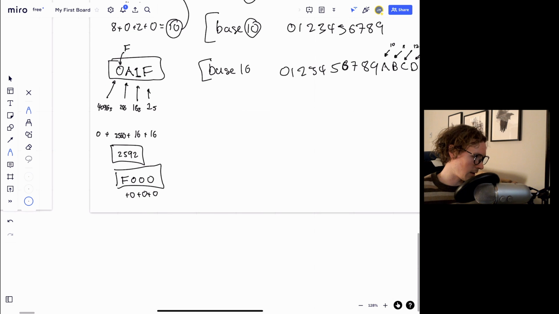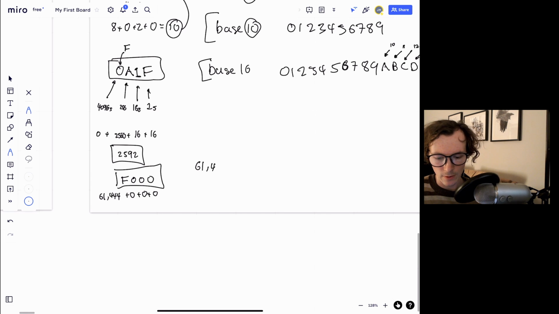I'm just going to do that calculation on the side here. 15 times 4096, like so. So that's 61,440. So already you can see that F000, only 4 digits with a lot of zeros, is actually a friggin' massive number.